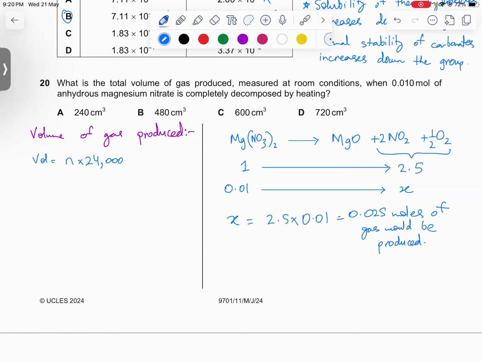All right. So the formula becomes 0.025 multiplied by 24,000. So we'll just multiply it by 24,000 and we are getting the answer 600 centimeter cube. All right. So this is our answer, 600 centimeter cube.